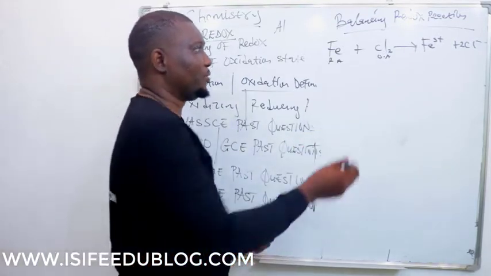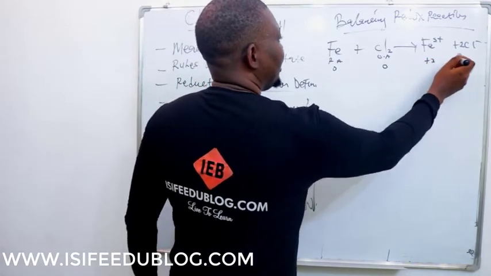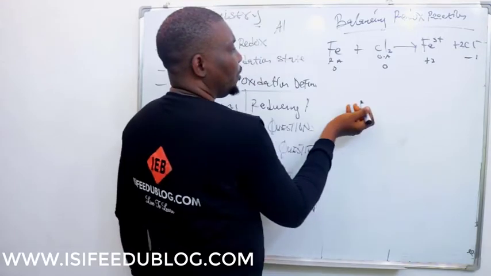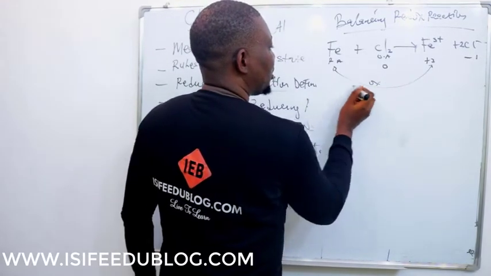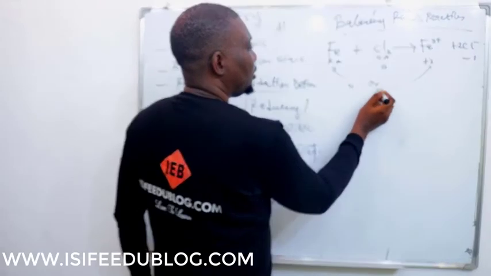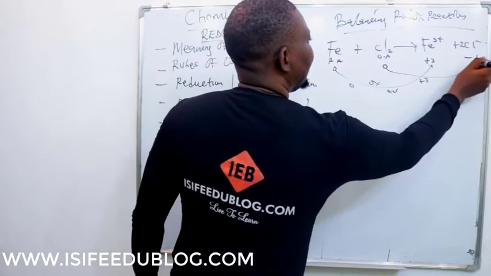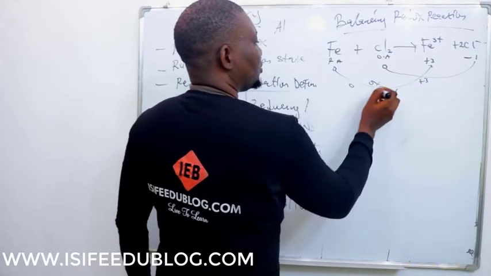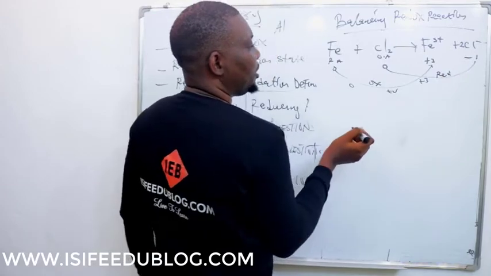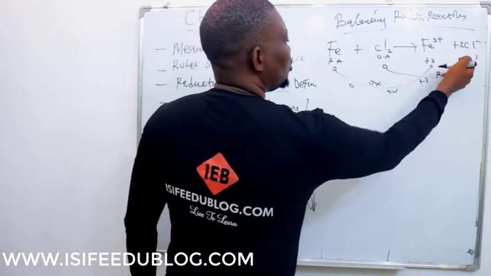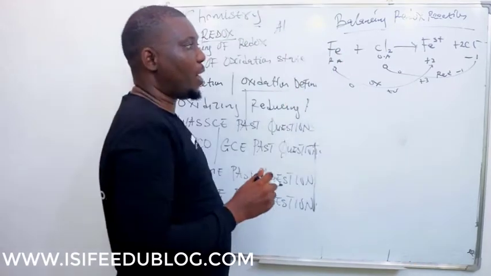How do we split it? Since here is 0, and here is 0, and here is plus 3, and here is minus 1, what do I know? From here to here is oxidation because there has been a change from 0 to plus 3. From here to here is reduction, a change from 0 to minus 1. So here is oxidation, here is reduction. What do I do in this case?